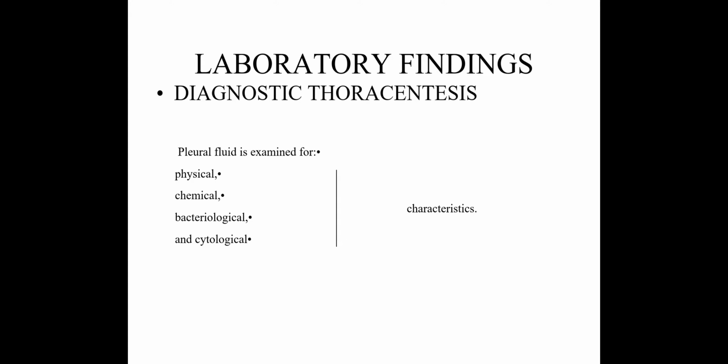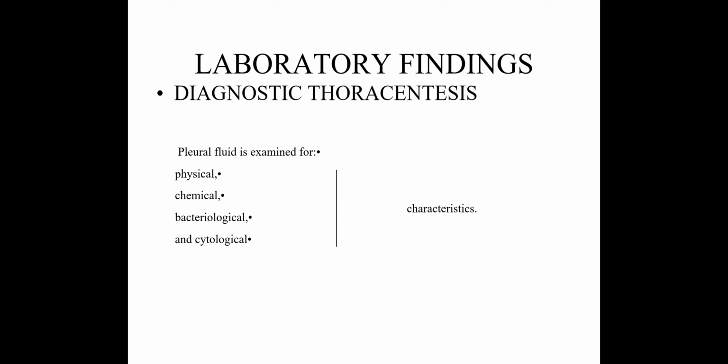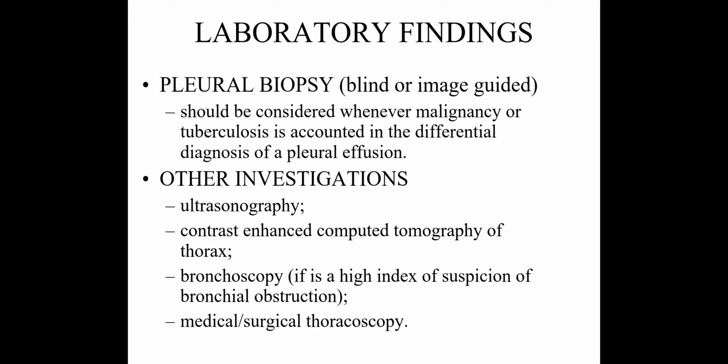Sometimes we need to do thoracentesis to reach the diagnosis. Pleural fluid is examined for physical, chemical, bacteriological, and cytological examination. We aspirate fluid and send it for cytological examination, AFB, culture sensitivity, and so on.